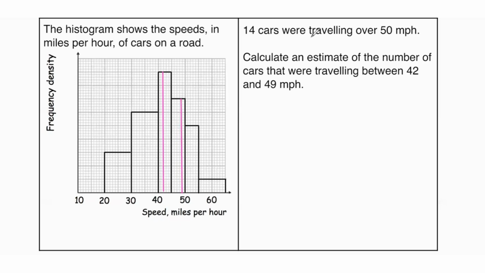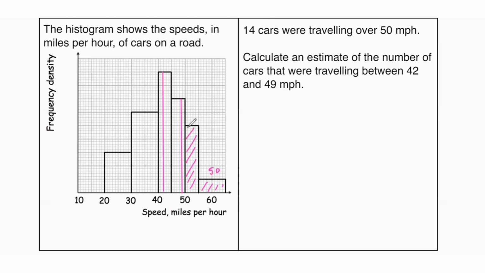Since it says an estimate, the approach that we're going to use over here is, we know that 14 cars were traveling over 50 miles per hour. So that's basically this portion. If we count the number of boxes from 55 to 65, we can see that the total boxes are 50 over here.